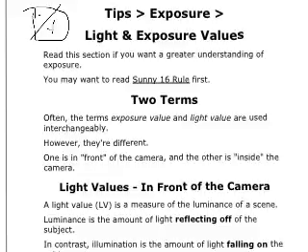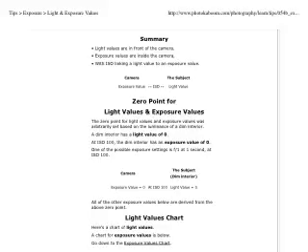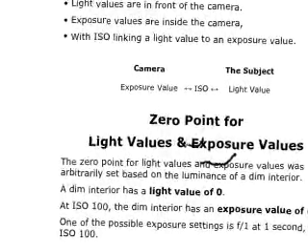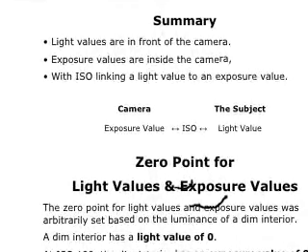Okay? So the light value in front of the camera, again, is the light that bounces off of the subject. We talked about grass or a person in a room. So light values are the ones in front of a camera. Exposure values are inside of a camera, with ISO linking a light value to exposure value.